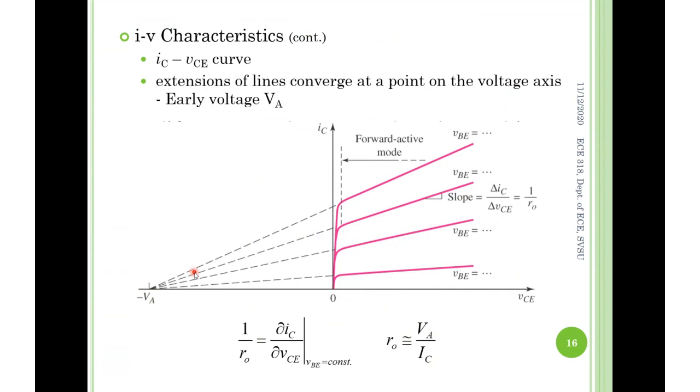Now, why is it big? A student remembered that in MOSFETs we ignored it most of the time because VA was generally bigger, but not why. Actually, that is the result of a big VA rather than the reason for it.